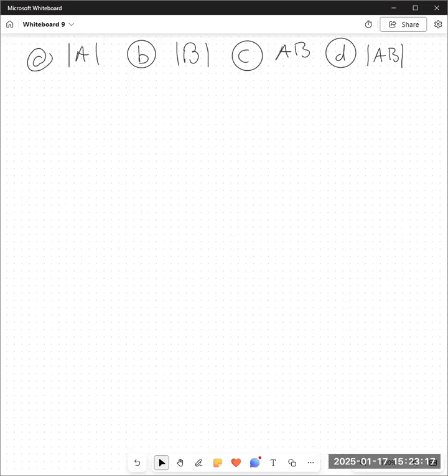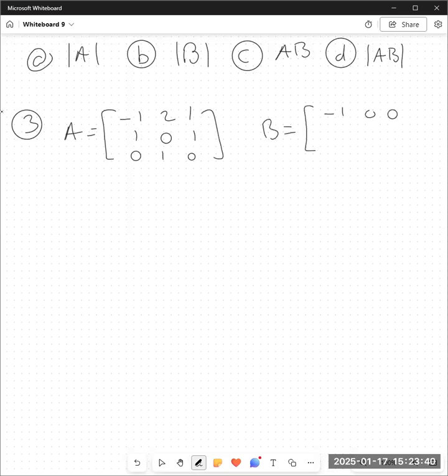For problem number 3, we have A is equal to -1, 2, 1, 1, 0, 1, 0, 1, 0, and B is equal to -1, 0, 0, 0, 2, 0, 0, 0, 3.